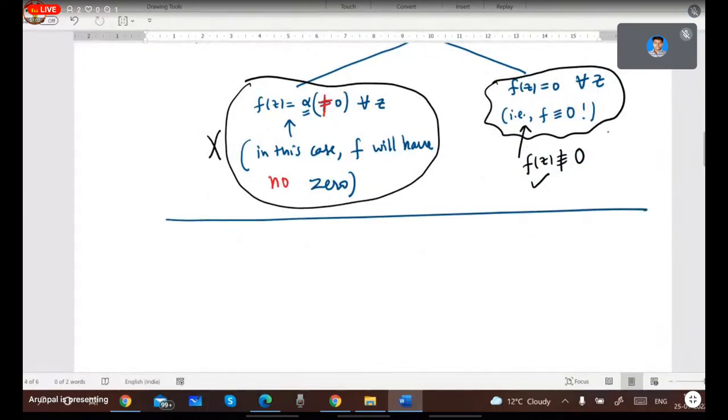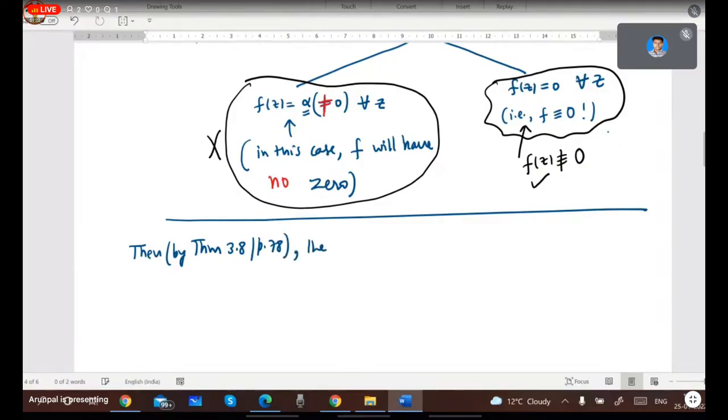So now, class, if f(z) is non-zero, then by theorem 3.8 at page 78, what can I say about this set?